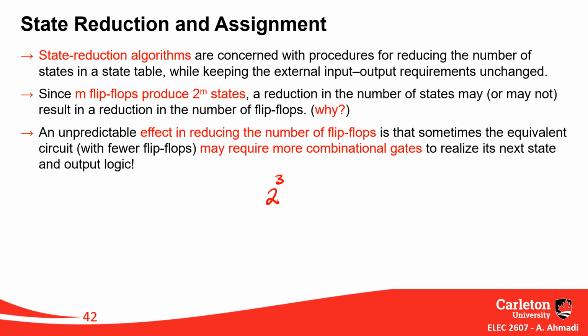So if you have 5 to 8 states, all of them need 3 flip-flops. So if you reduce your 8 to 6 or 5, it doesn't make any difference. You still need 3 flip-flops. And it can also result in a smaller number of gates in your combinational circuit.